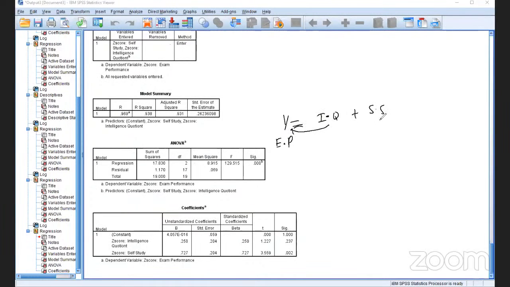With the presence of self-study, the relationship between IQ and exam performance is insignificant, not significantly related. The relationship between self-study and exam performance is significant. It means self-study has more impact, and is more important than IQ level, when we take both variables simultaneously, because it is significantly related. If we devote more time, then exam performance would be better. So it changed the relationship.